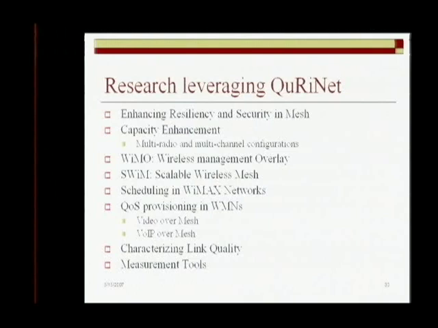I'll talk about that. SWIM is basically, the idea is when you have a large corporate environment and you create a mesh using wireless routers, the initial deployment will probably be uniformly distributed or whatever way you want. But because of the mobility of people, if I go to give a talk at Intel in a conference room, everybody comes with their laptop because they are surfing the net while I'm talking.